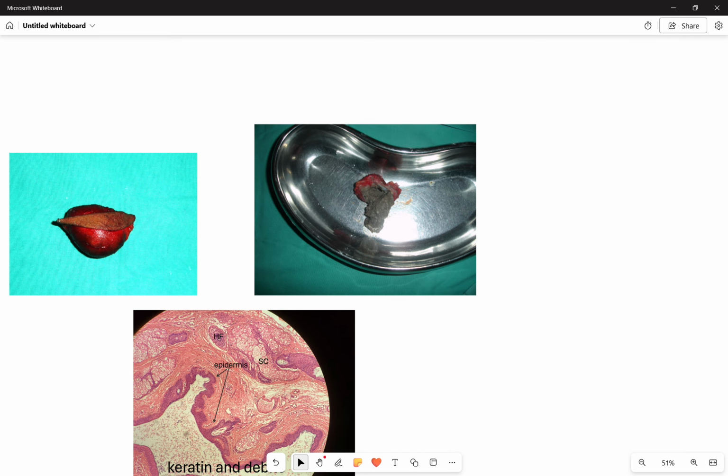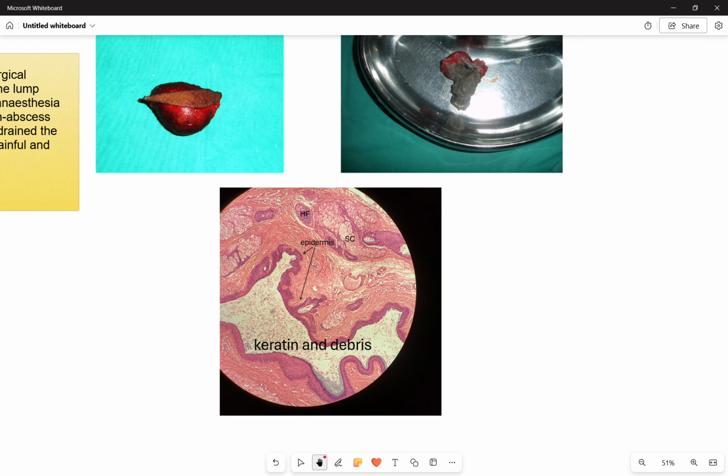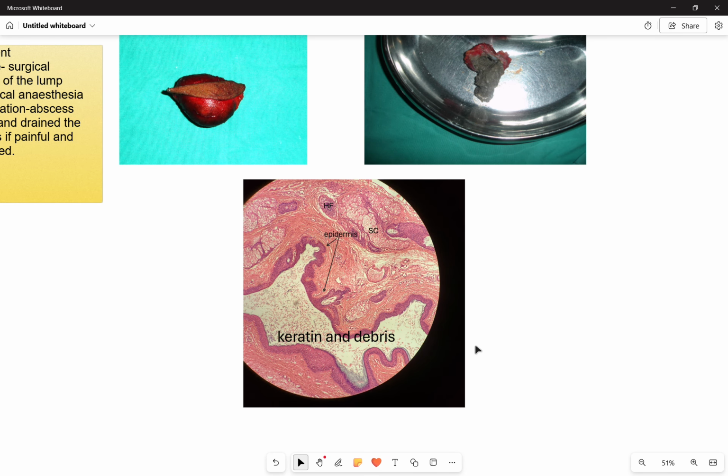Now I'll show you a histological picture. One of the cysts, we examined it under microscope, and you can see this is the inclusion epidermal cyst. The lining is of stratified squamous epithelium.